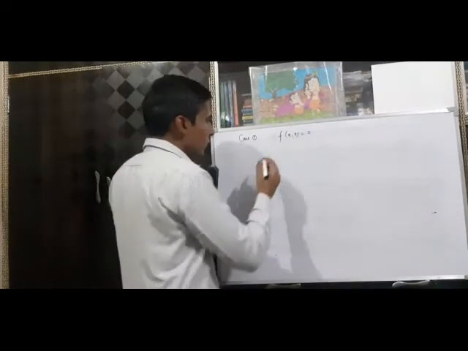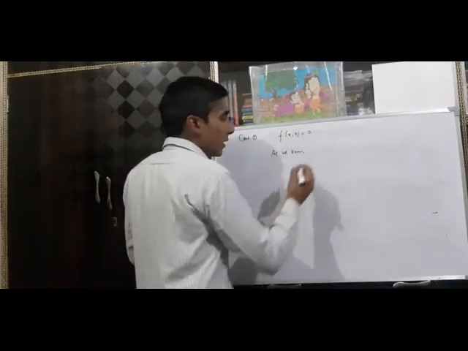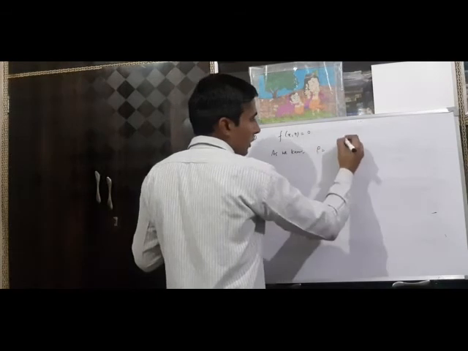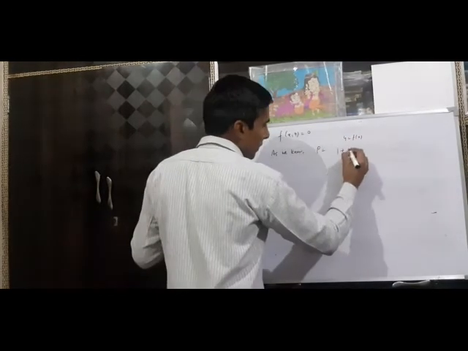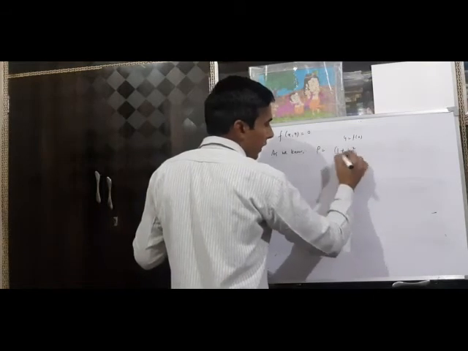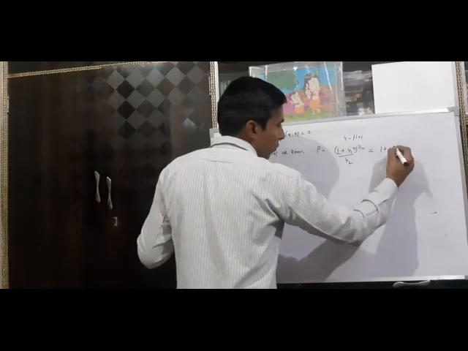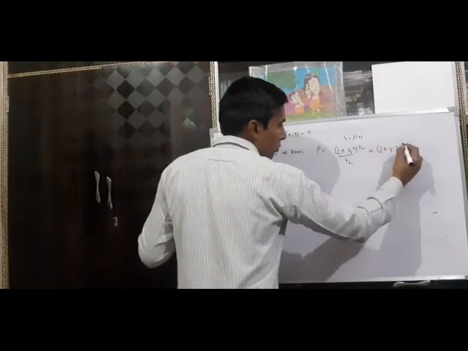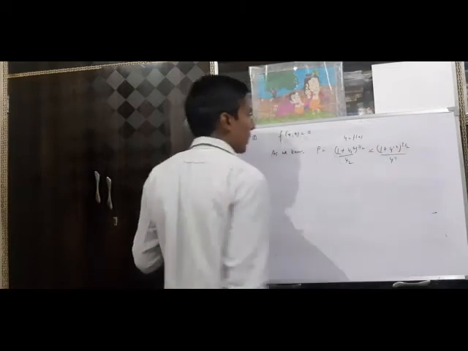As we know, the radius of curvature in case of y equal to f(x) is 1 plus y1 square, raised to power 3 by 2, upon y2, or this can be written as 1 plus y prime square raised to power 3 by 2, upon y double prime.